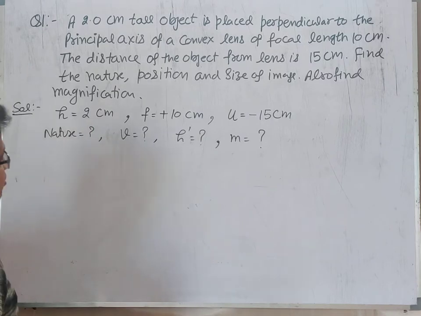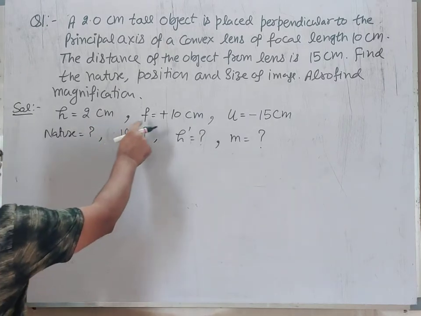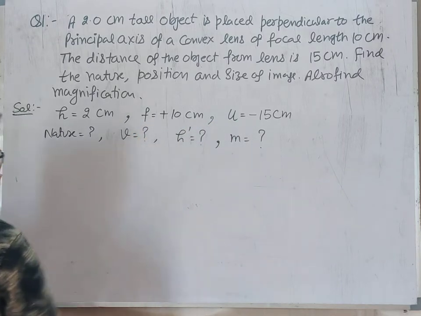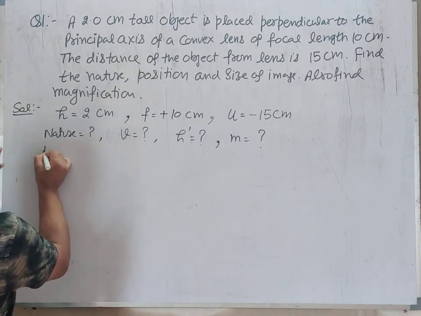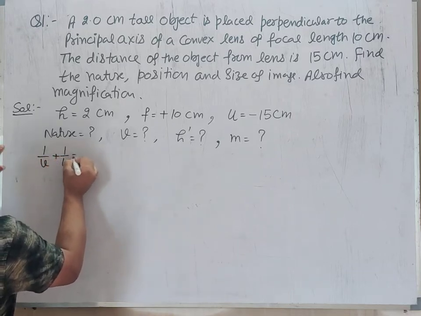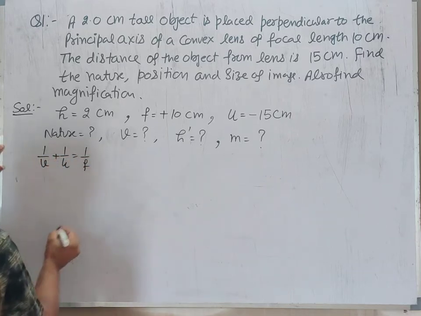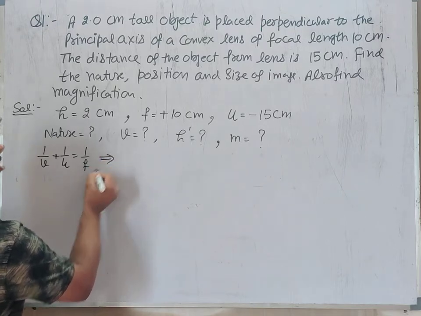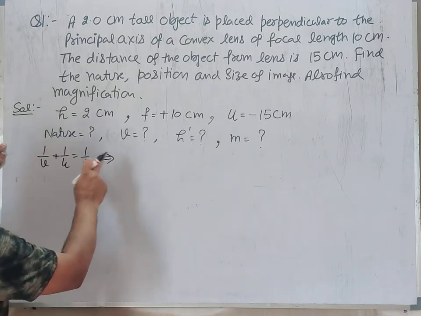So now we shall think which formula we can use. We know f and u, so we can find v. We know that 1 by v plus 1 by u is equal to 1 by f. Therefore in this we have to find v.